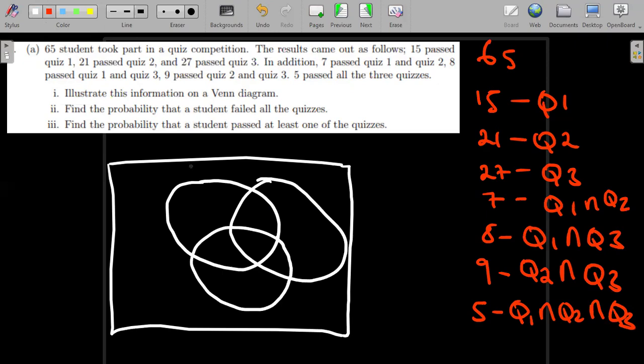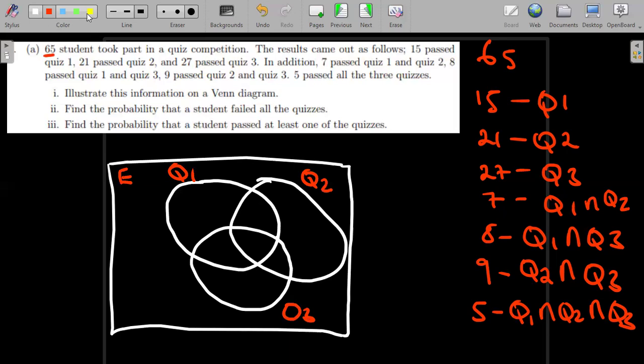So say this one is quiz 1, then this is quiz 2, and this one here is quiz 3. And we have the universal set here, which is everyone that took part in the quiz competition. So they're telling us 65 took part, which means when we input everything in our Venn diagram, the total number when we add all our numbers must be 65, because 65 students took part in the quiz competition.